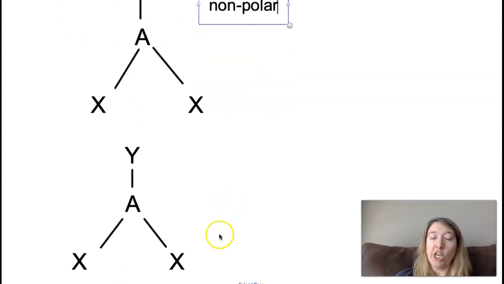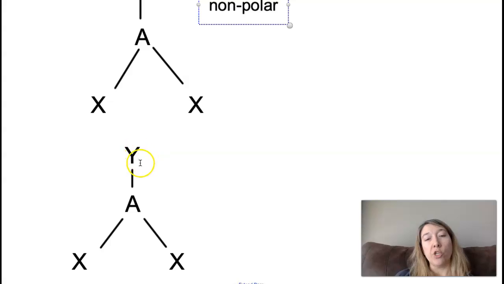As soon as we change something though, right? So as soon as we change one of those non-centrals to be something different, this is going to be a polar molecule. The only way it wouldn't be polar is if somehow X and Y both had the same electronegativity, and there are a couple of atoms on the periodic table that do that, but it's definitely a limited number.